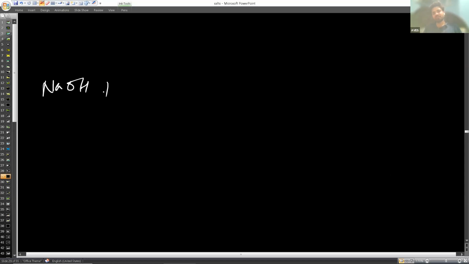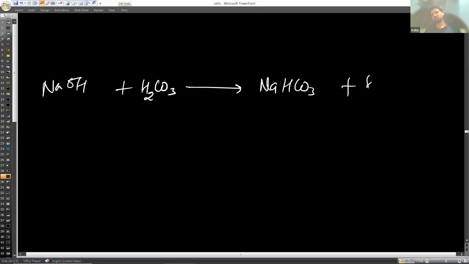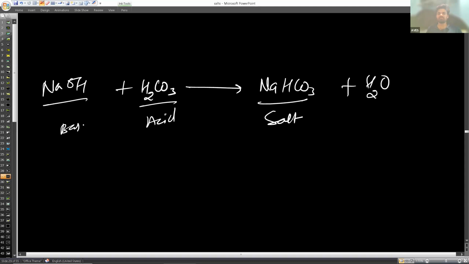NaOH when treated with H2CO3 will give you NaHCO3 plus water. This is the salt, this is its acid, and this is its base.